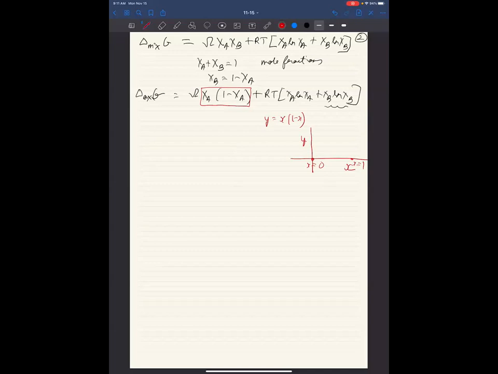Cosmo, what do you think? Yeah? 0. And how about x is equal to 1? Also 0. Is it ever going to be negative? Why not? Because x is always positive and 1 minus x is also positive. We have restricted the range, right?